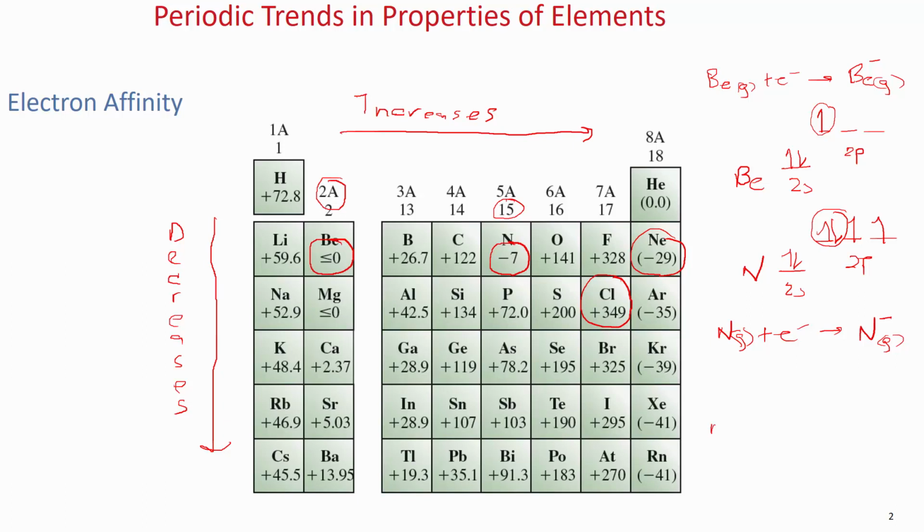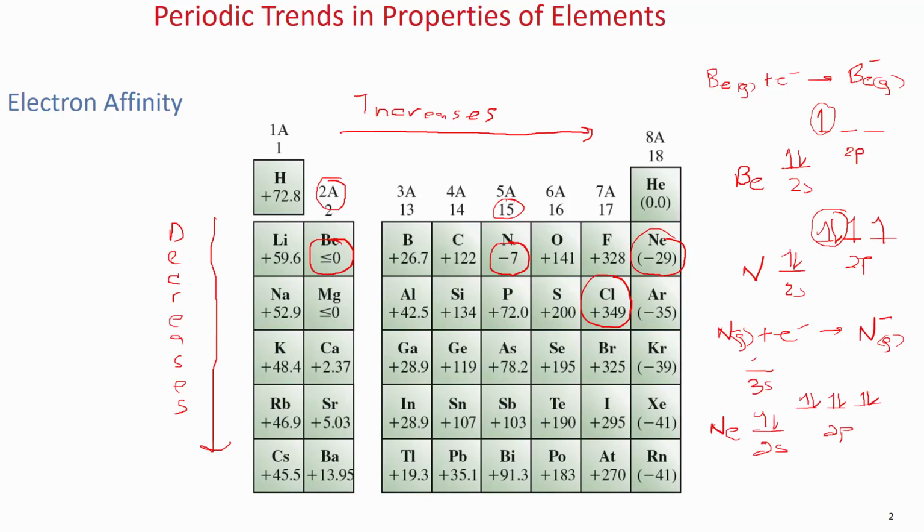Neon, even easier to explain. Neon, you have the 2s electrons, and then the 2p is full. So we go 1, 2, 3, Hund's rule, then go back and pair. So that's what neon looks like. If you're going to add an electron to neon, it actually has to go up into a new energy level.